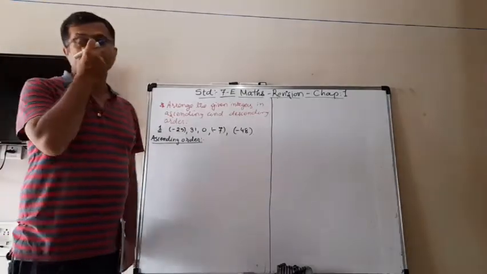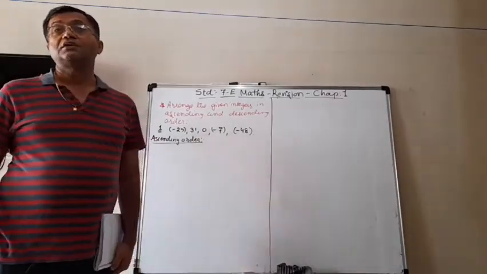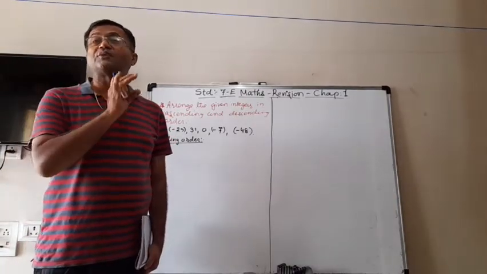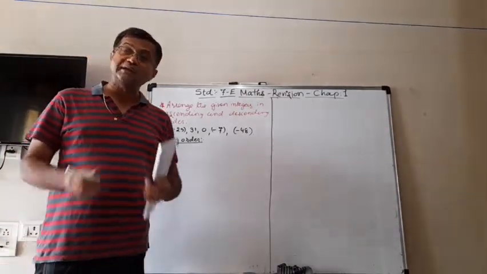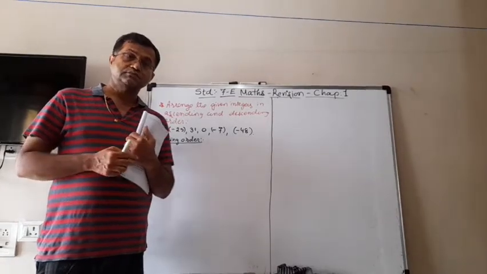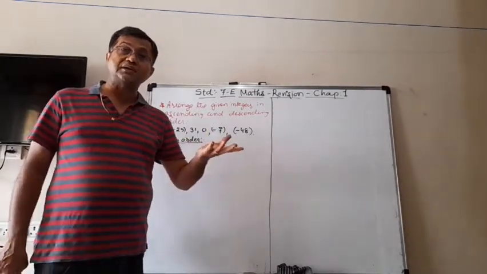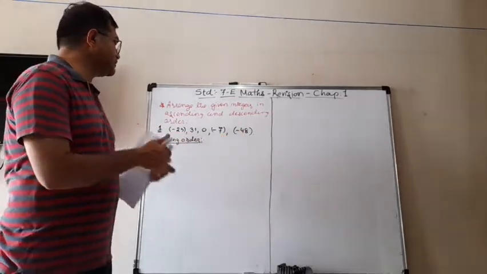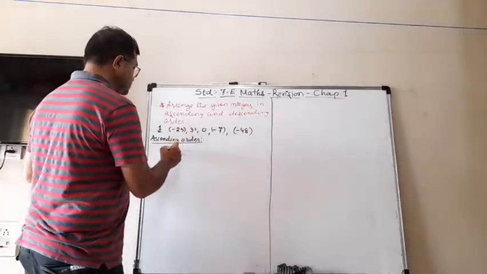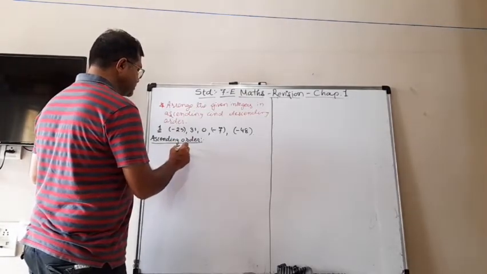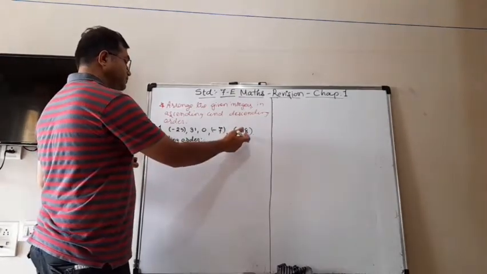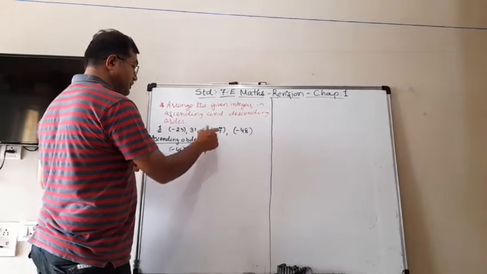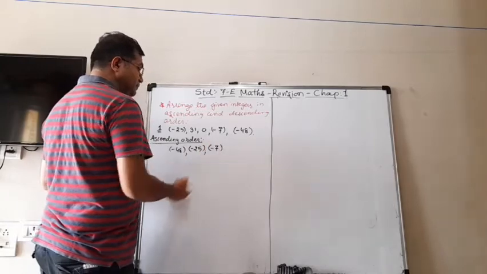Generally we saw that all the negative integers are smaller than 0 and positive integers, and in negatives also, the number which looks bigger is actually smaller. So here the smallest number will be minus 48. So in ascending order, the first number will be minus 48, then minus 25, then minus 7.